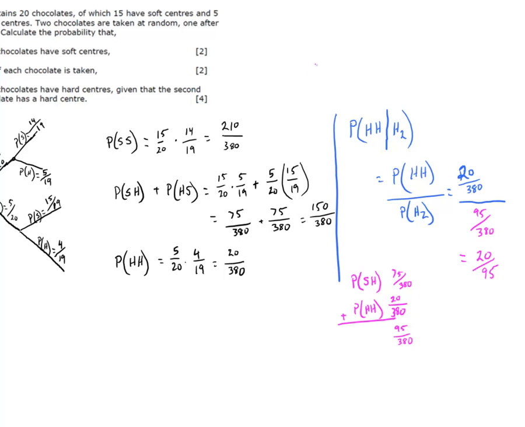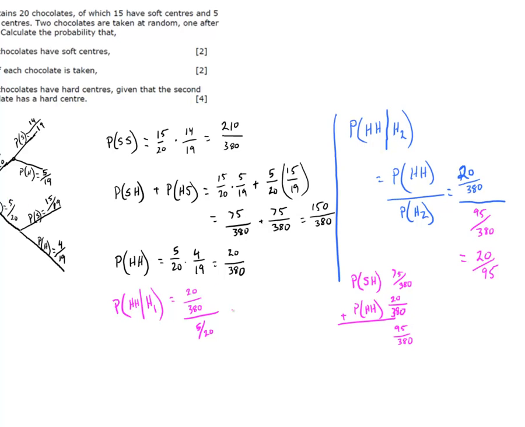We could do one more example where we found the probability of having two hards given that the first was hard. And that's a little bit easier because now we just have to divide by the number of ways to choose hard first, and we know that quickly is 5 over 20.